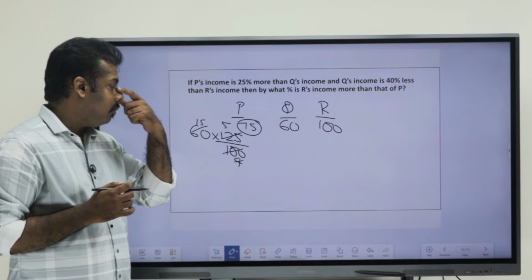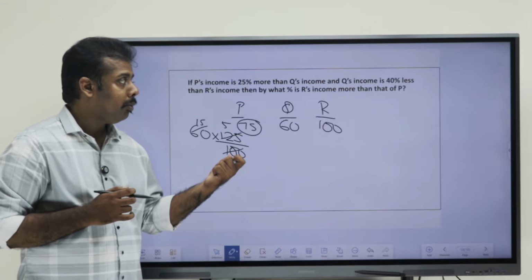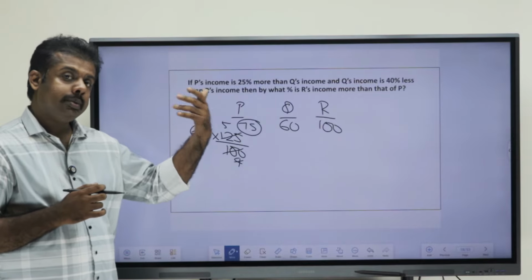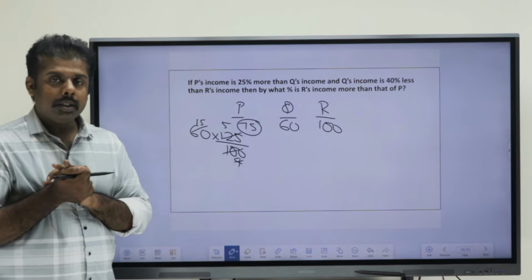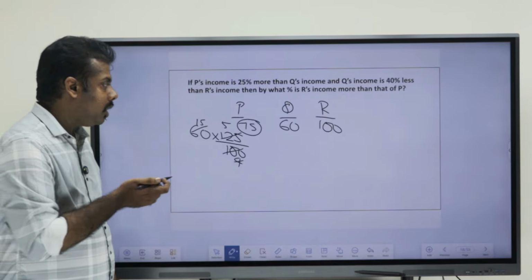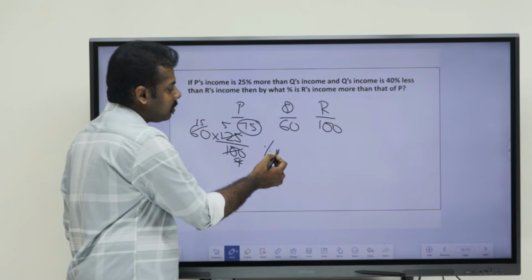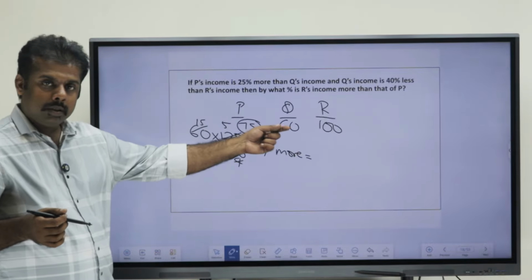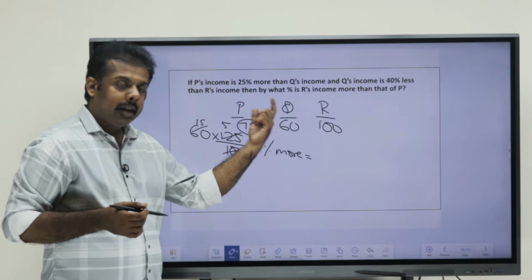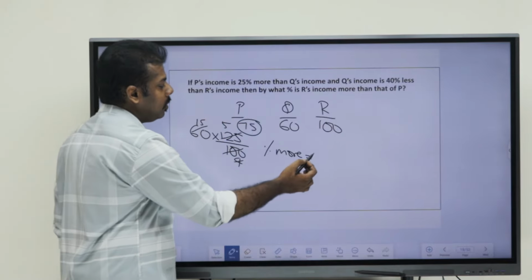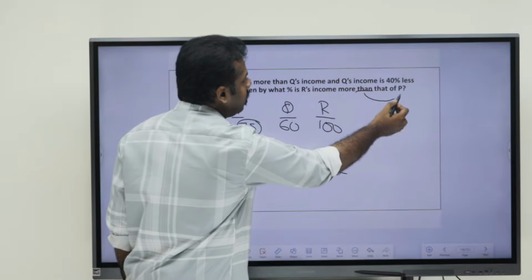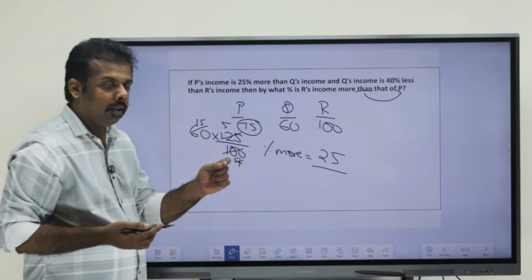They have asked by what percentage is R's income more than that of P? So, R's income when compared to P is how much percentage more? We have already discussed that concept as well. For percentage more, what was the formula? Difference. They are comparing R and P. Their incomes are 100 and 75, so the difference is 25. After that, they have told about P, so you have to connect the value of P here.